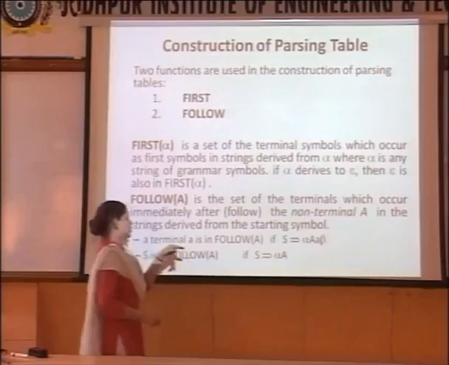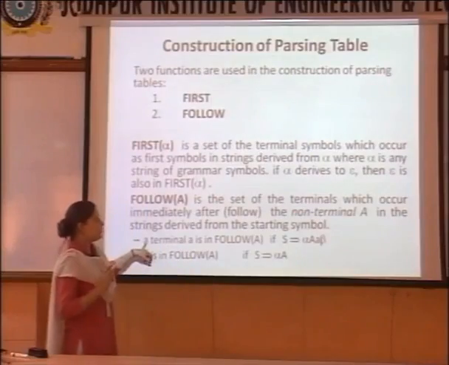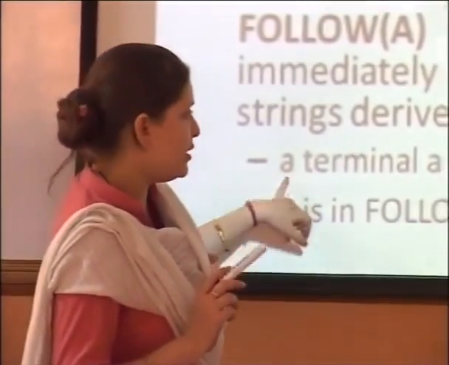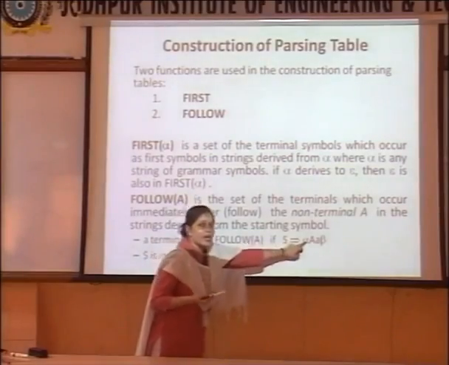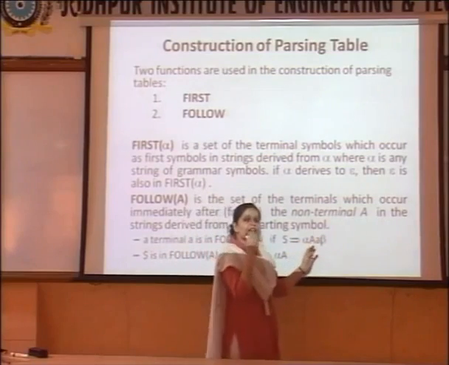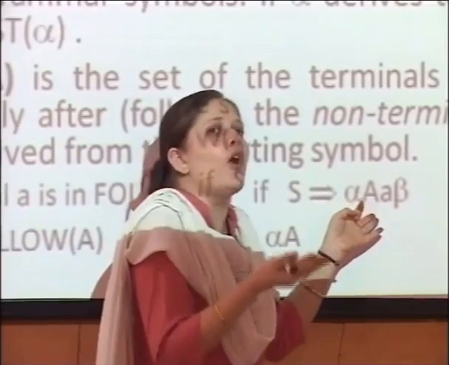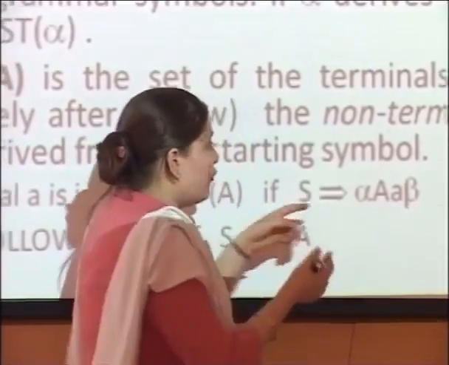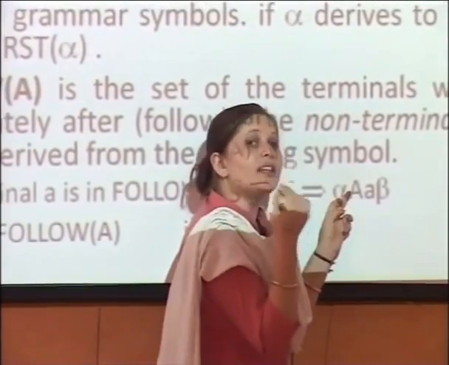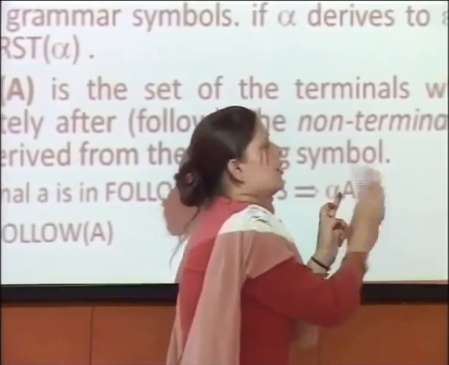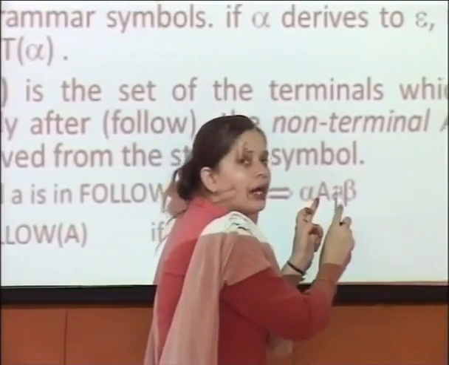For this production, here a terminal a is in follow of capital A. Why? Because follow means the character which is immediately following the required one. So follow of A will contain the terminal symbol that is immediately following it. That means small a.